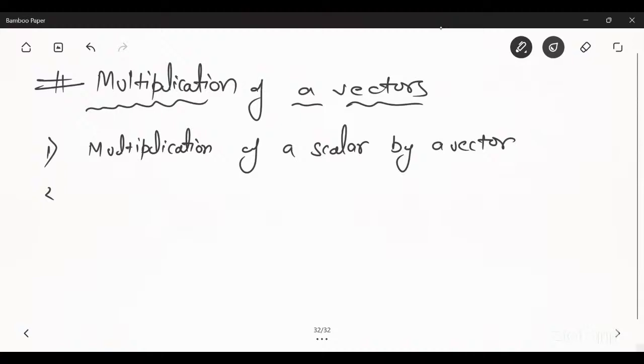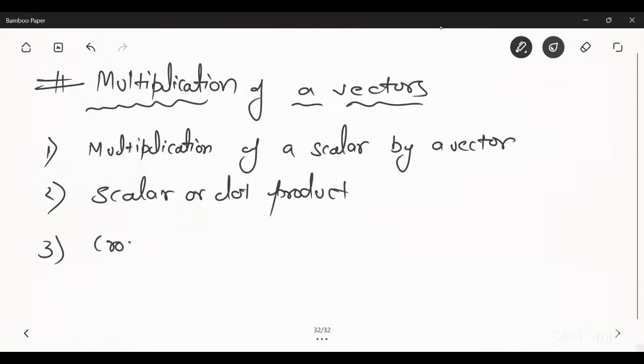The second is the scalar or dot product. The third is the cross or vector product. Now come to the first one, multiplication of a scalar by a vector.